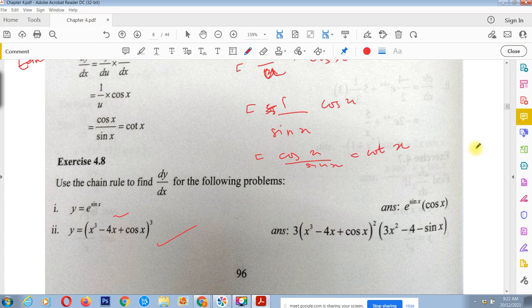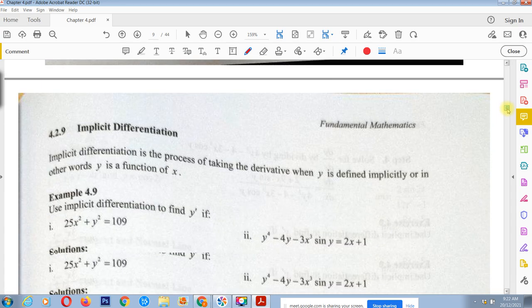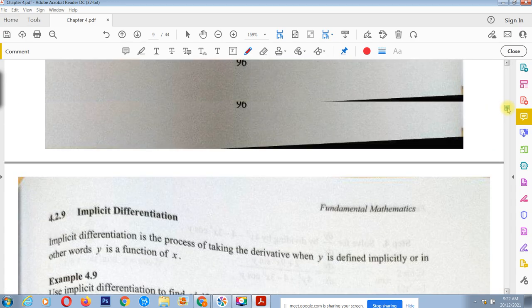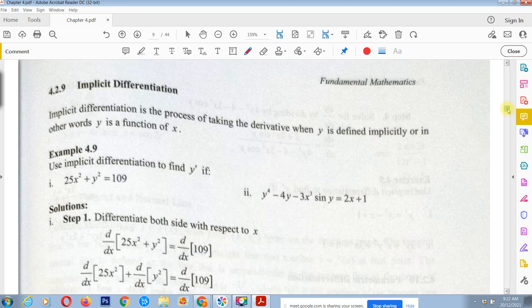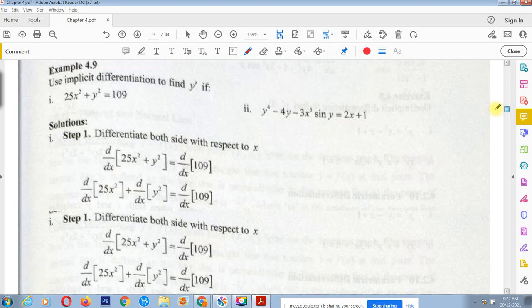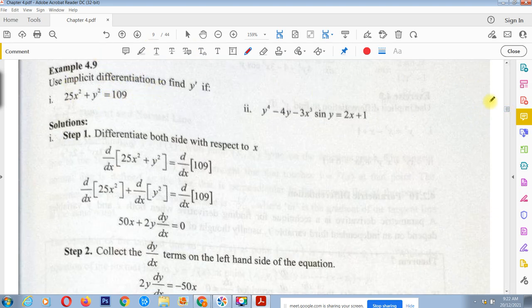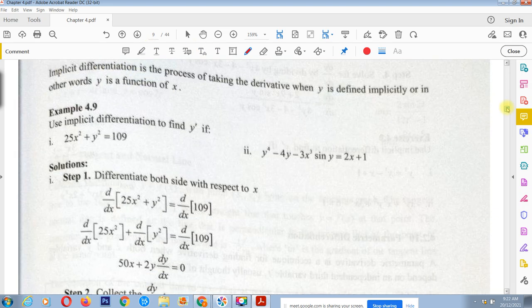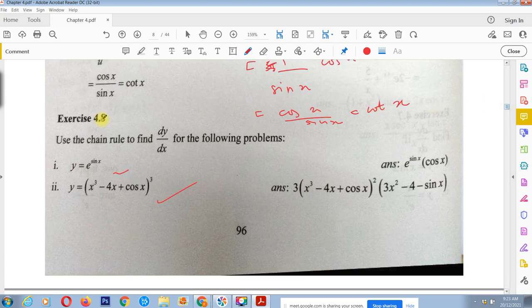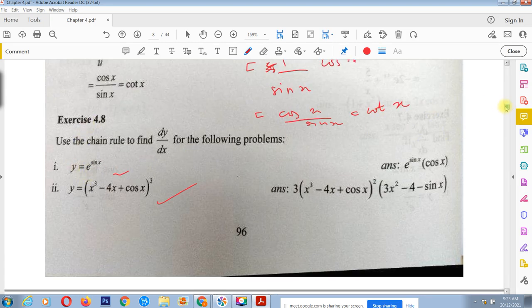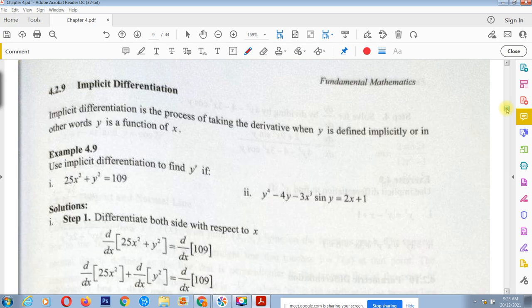You can try this and this. Okay, next, implicit differentiation. What is implicit differentiation? It means we have x and y inside, and y also has a power. Before this we just had y, with no power for y, but here we have a power for y.